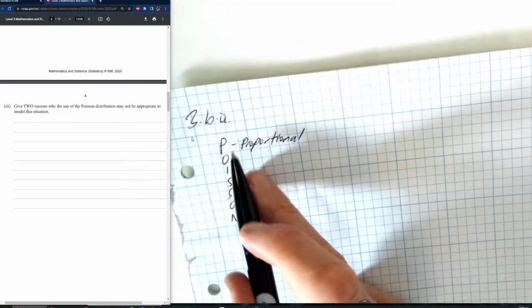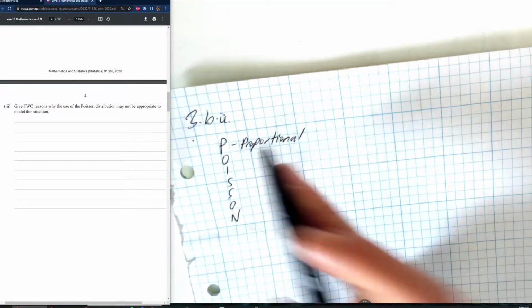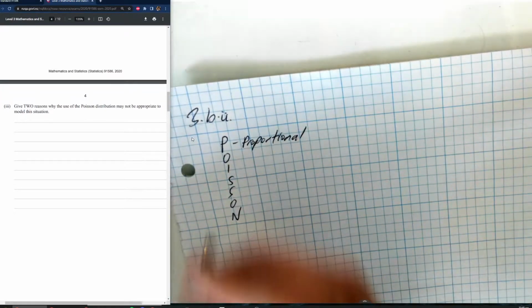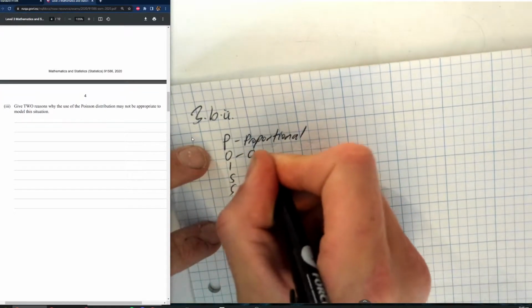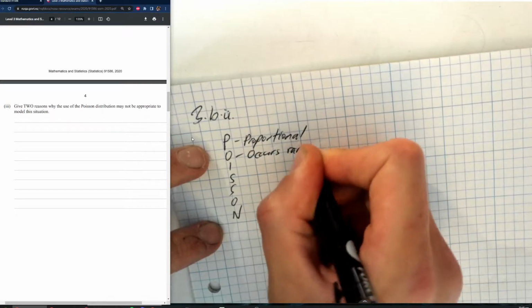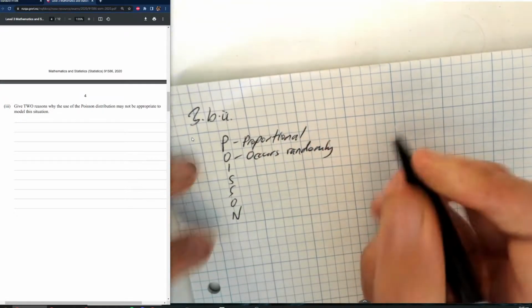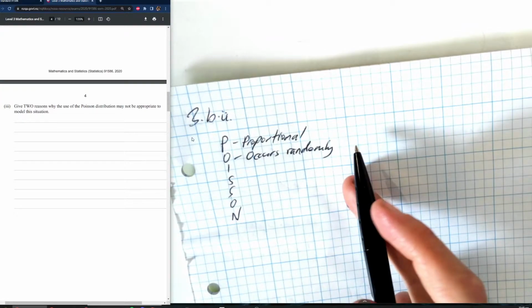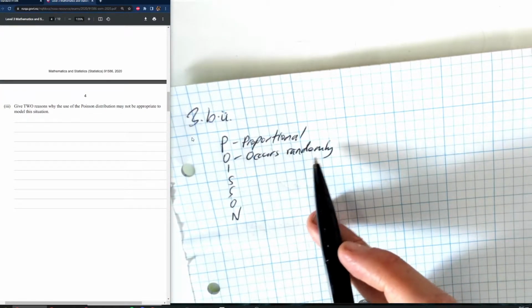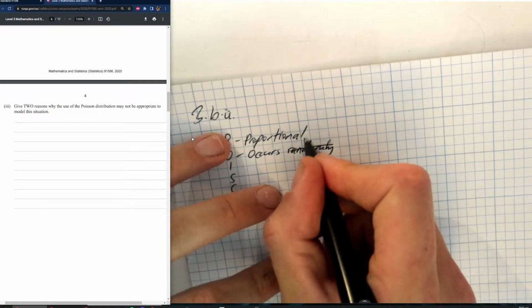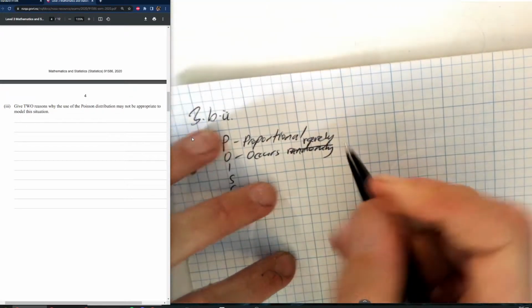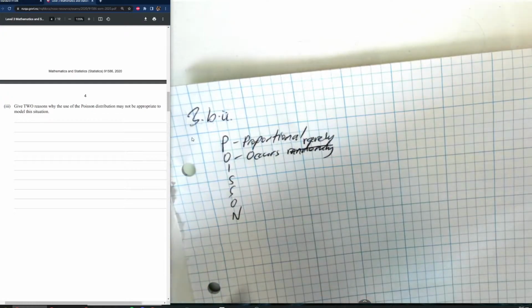If it's every 2 years, proportional just means we just double the 3 for 2 years. O, I do for occurs randomly. The idea of the Poisson distribution is it's a way of modeling rare events. So I should actually say rarely. It occurs rarely. The whole idea of the distribution is for rare events.